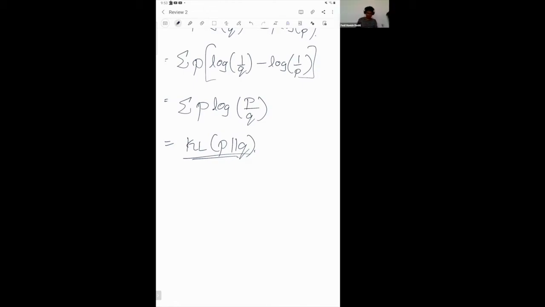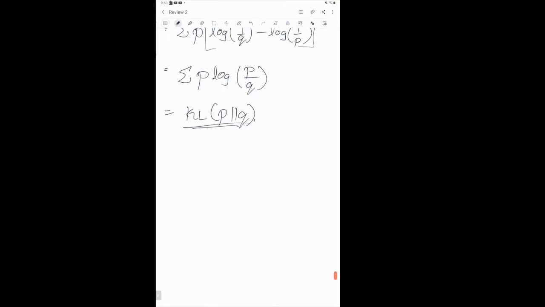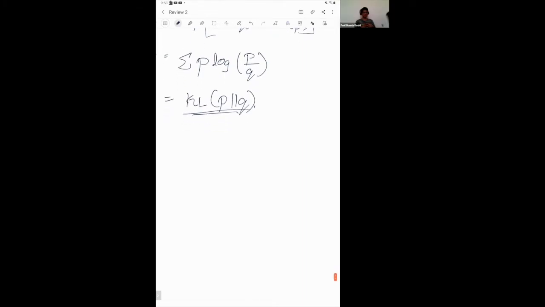Yeah. So KL divergence is one of the divergences that quantify how close two distributions are to each other. If you were in the research literature, like the sessions taken by Akash, he also said a bit about KL divergence.